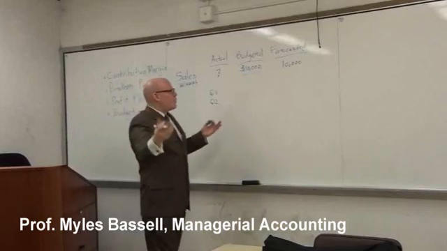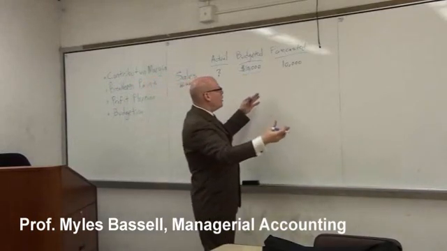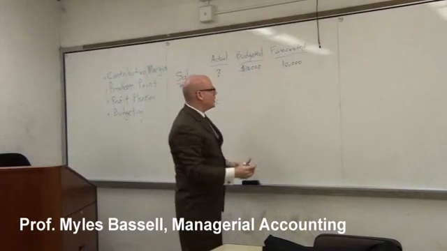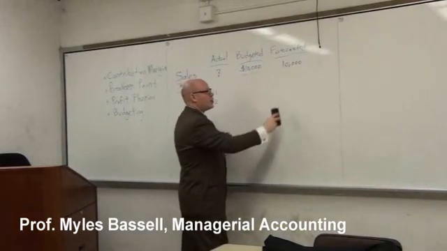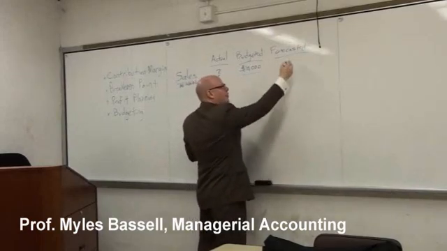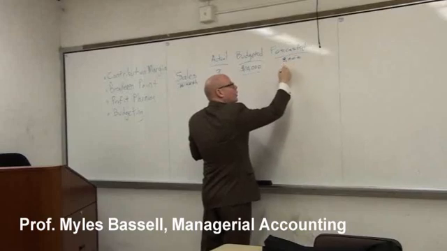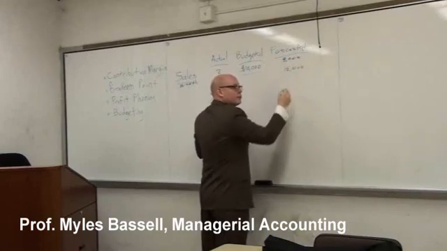But then as we get more information, as we get closer to this period, January, let's say, we're going to adjust this number. Now, it could go up or it could go down. It might be 8,000 or it could be 12,000.